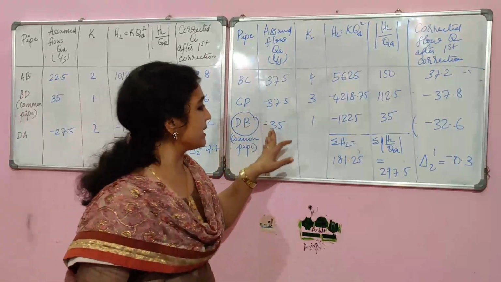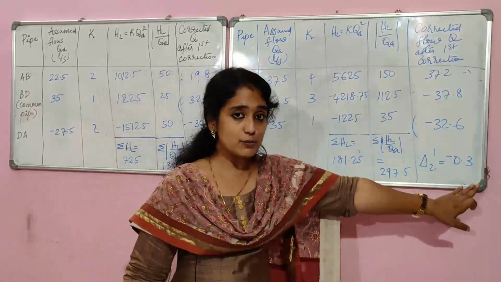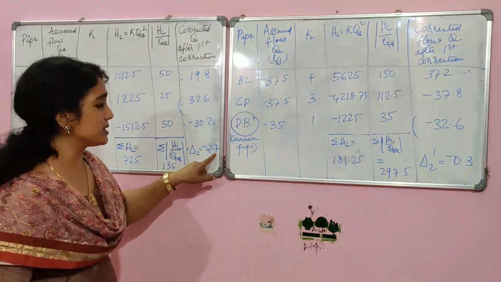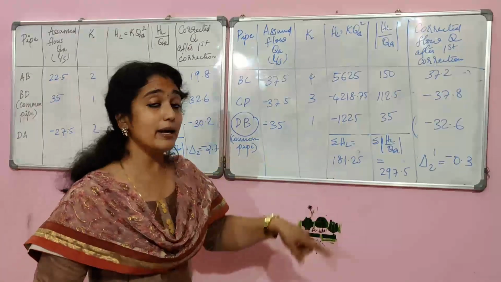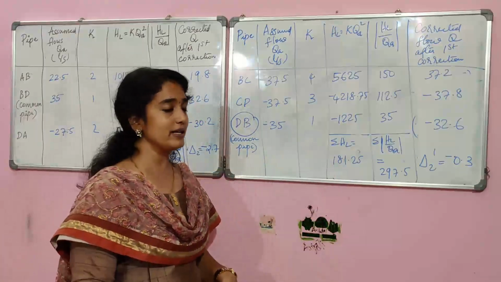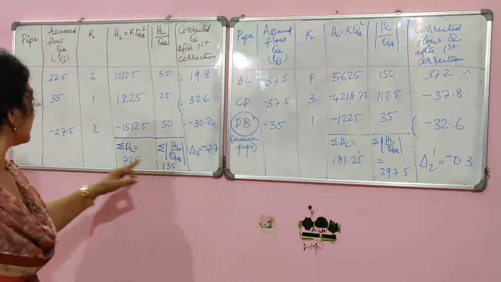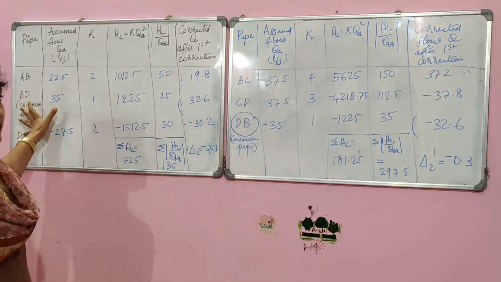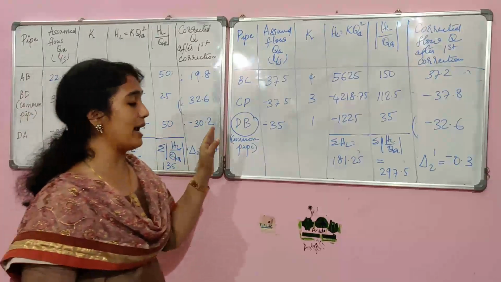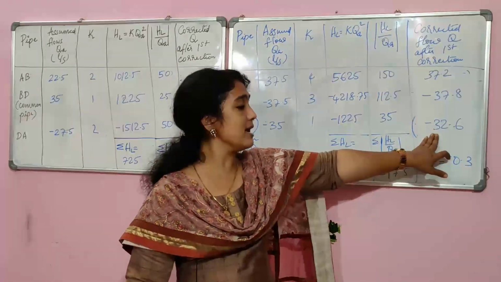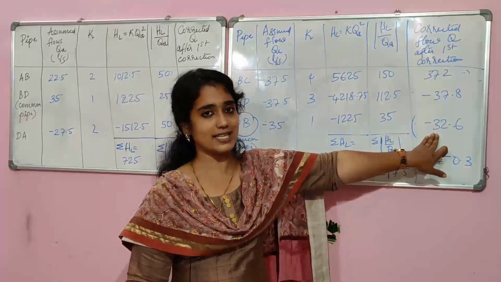Then it is minus 35 minus 0.3. Here you get minus 2.7. So you have to add plus 2.7 for the pipe DB, because this is the correction for the pipe BD. So you add plus 2.7, then you get a value of minus 32.6.